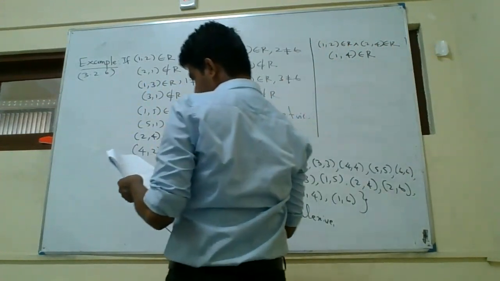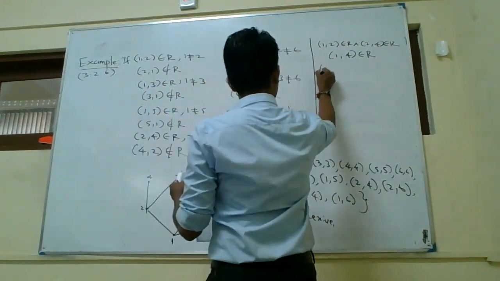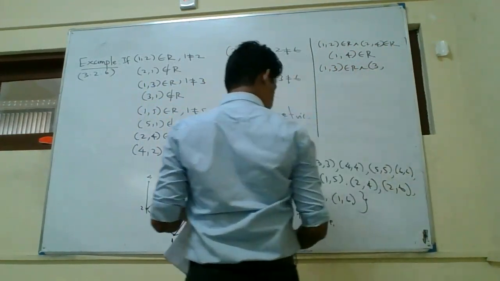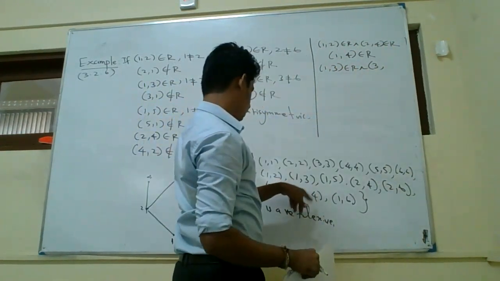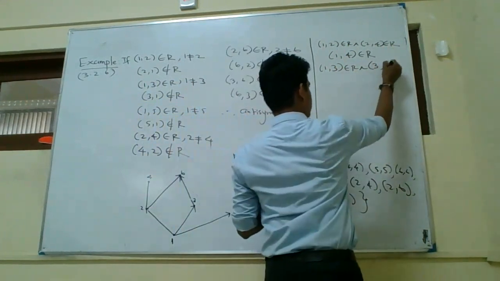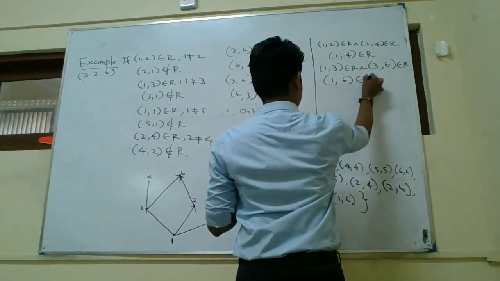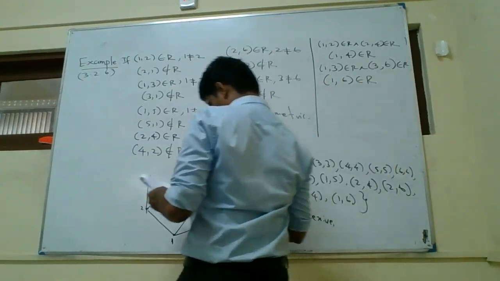Like that you can check 1, 3 belongs to R and 3, 6 belongs to R. Therefore, 1, 6 belongs to R.